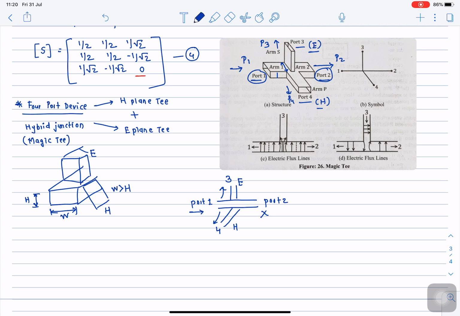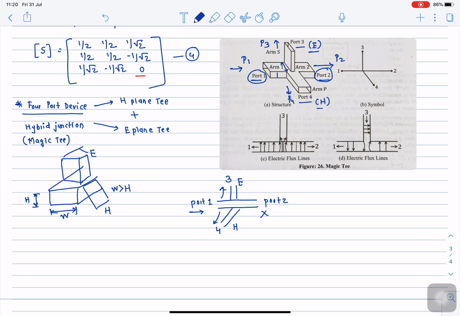If we assume that all four ports are matched to the junction, whenever we feed certain power at the input of port 1, this power will get split across the electric arm and the magnetic arm, but it will not come at the output of port number 2.